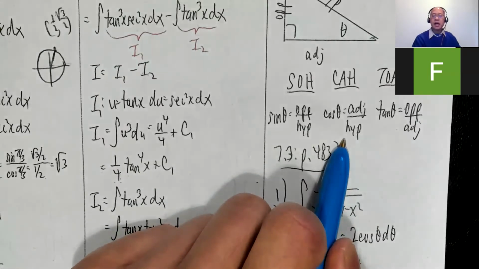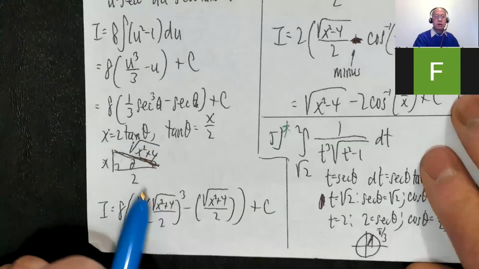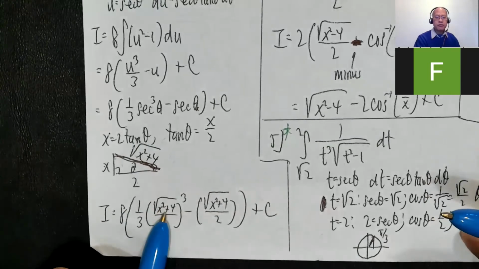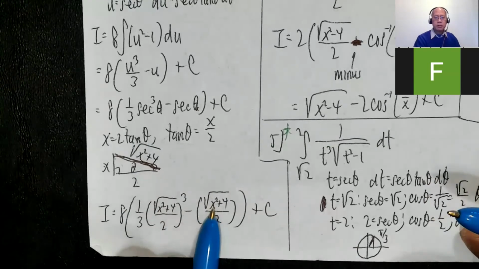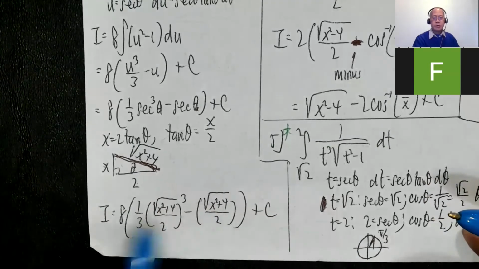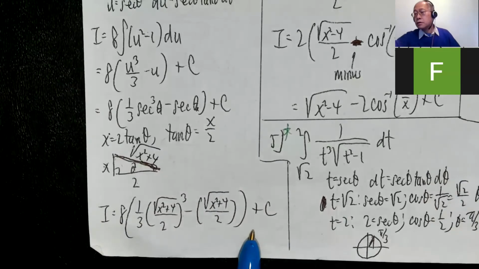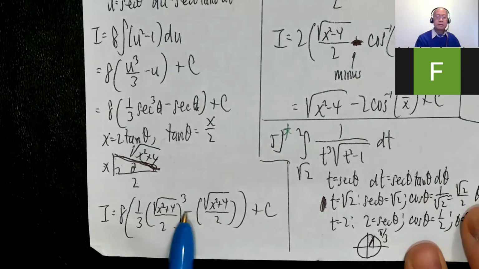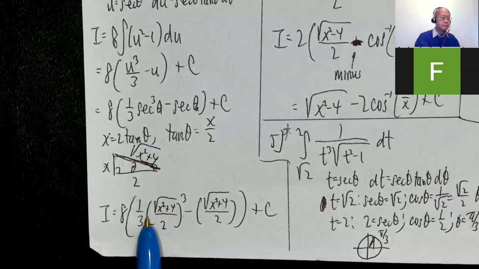Therefore, secant is hypotenuse over adjacent. So right here, hypotenuse over adjacent: radical x squared plus 4 over 2. And there we go. So there's my final answer. And you could leave it like that. You could do more, but I don't feel like it.